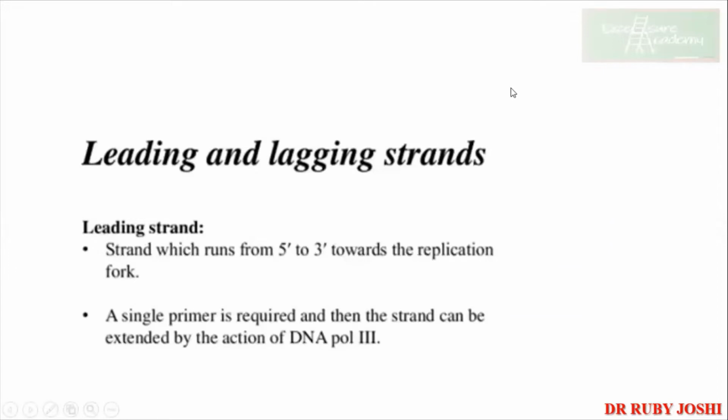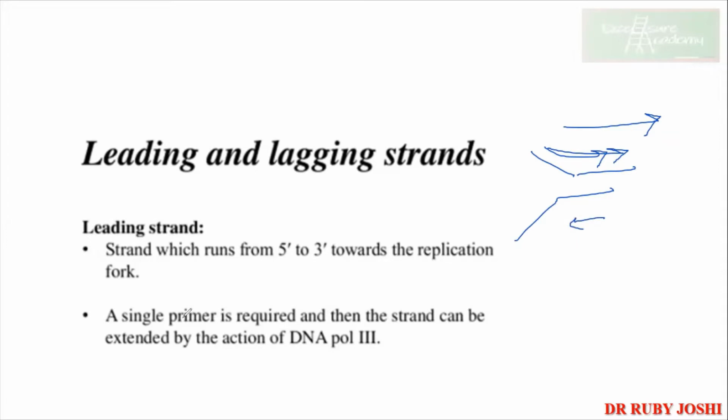Now, we know that there are 2 types of strands, leading strand as well as the lagging strand, right? So, leading strand runs from 5' to 3' direction towards the replication fork. As the replication fork goes, the leading strand also goes in the same direction. So, if suppose replication fork is going in this direction, the first one that goes this way will be the leading. Opposite to that will be the lagging. Okay?